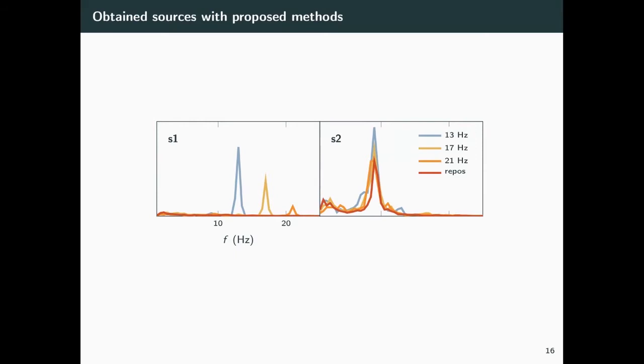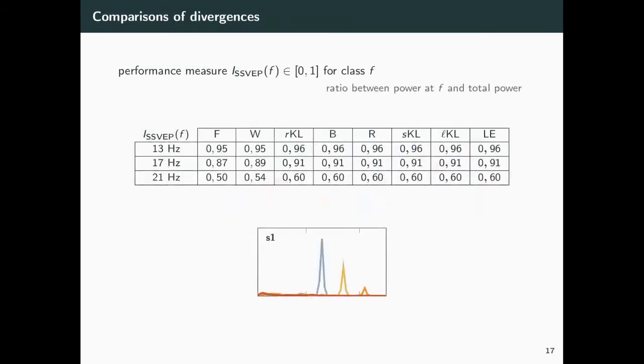Okay, so what we can do here to measure the performance of our different algorithms is to measure how discriminative the separation is. What we did is that we measured the power of the source at the target frequency, and we divided it by the whole power over all frequencies.